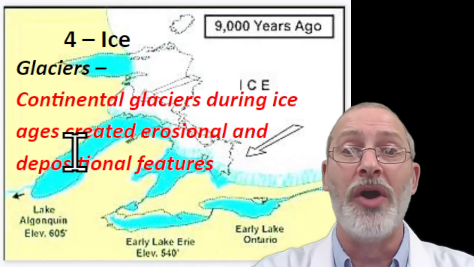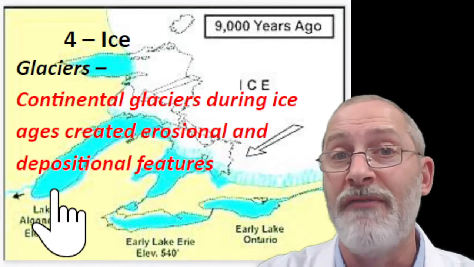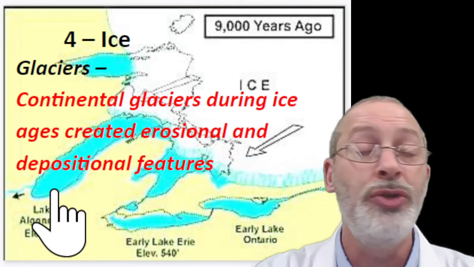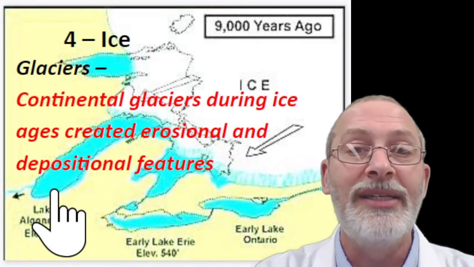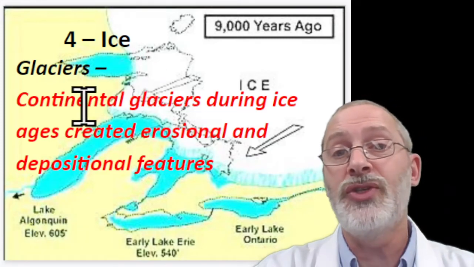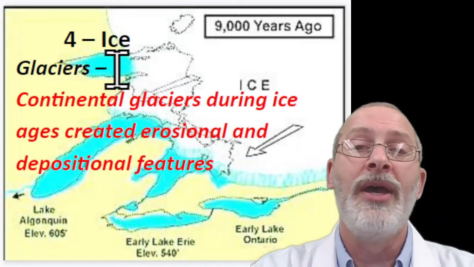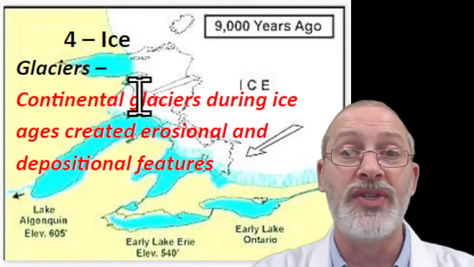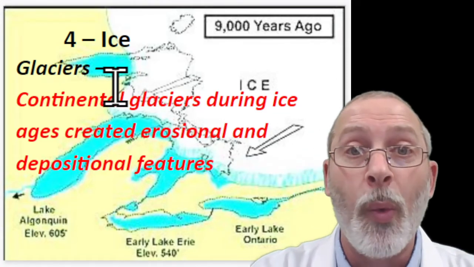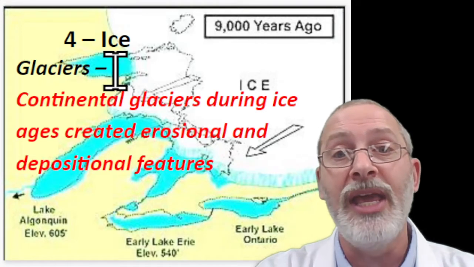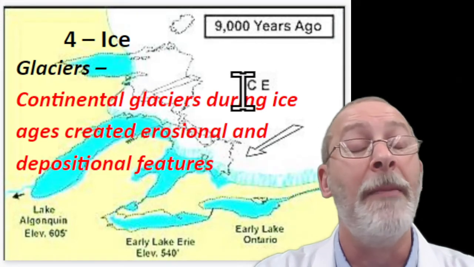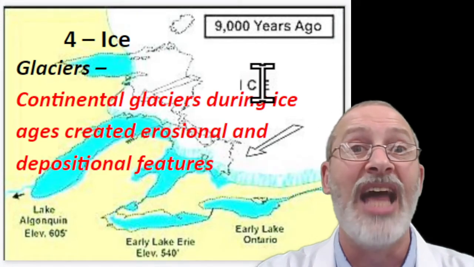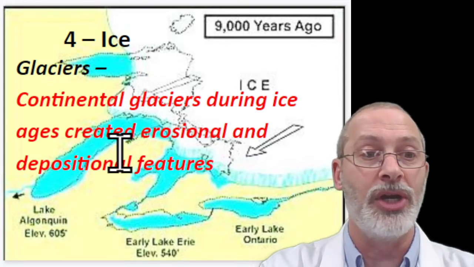And that meltwater filled in those holes carved out by the glacier into these 5 great lakes. In fact, these are some of the world's major resources of fresh water. These are freshwater lakes originally filled by the melting glaciers 9,000-10,000 years ago.